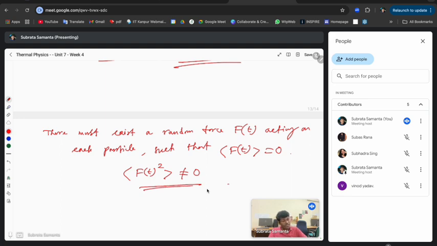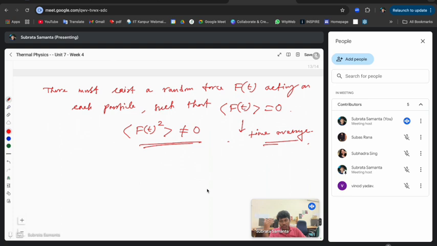This average is a time average. Because it is random, the average value is 0, but the square average is not 0.